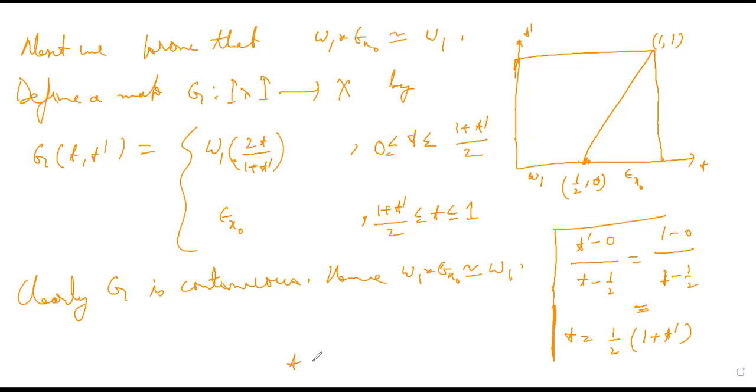Again we consider the translation t goes to t minus ... no, just a minute. The translation is not required here. We will just stretch the interval, 2t upon (1 plus t prime).